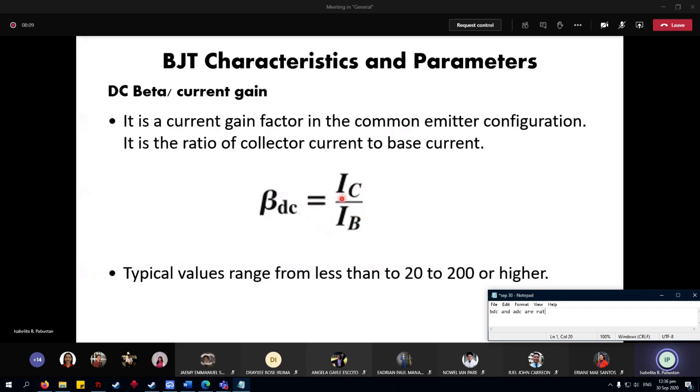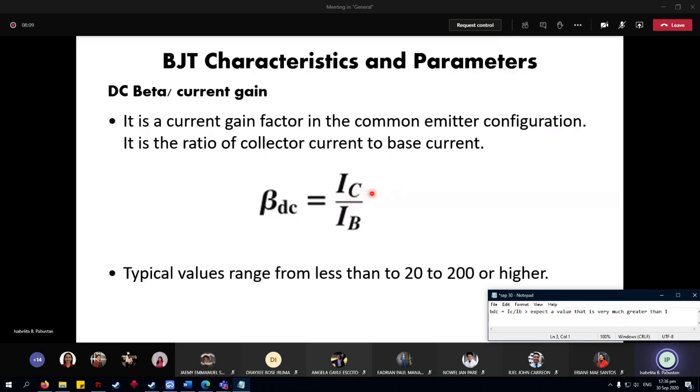Since you know that your collector current is large compared to the base current, you will be anticipating here a value which is very, very much greater than 1. You will be anticipating a large value because your collector current is large compared to the base current.